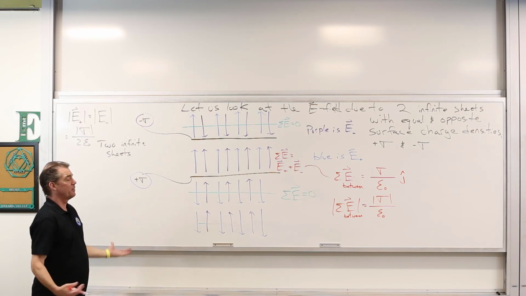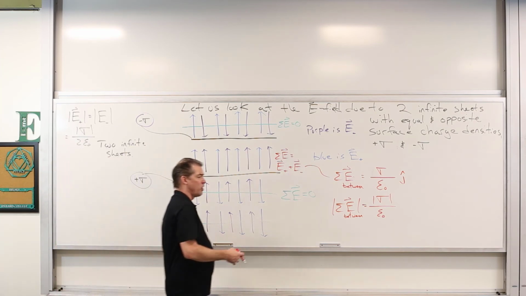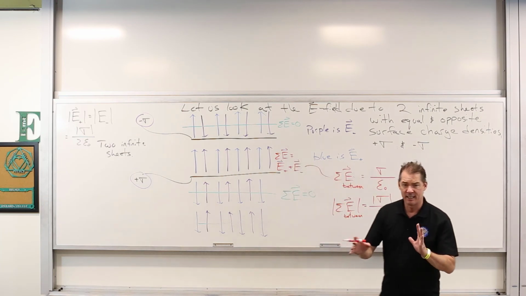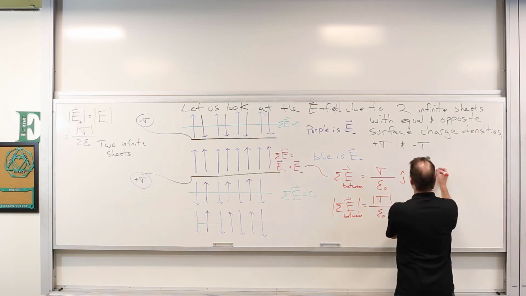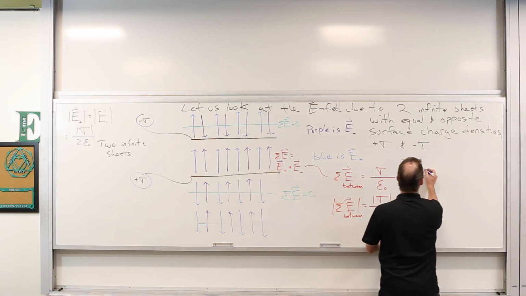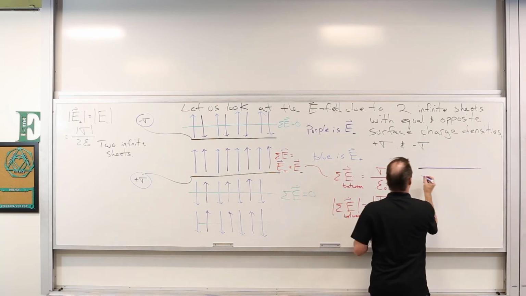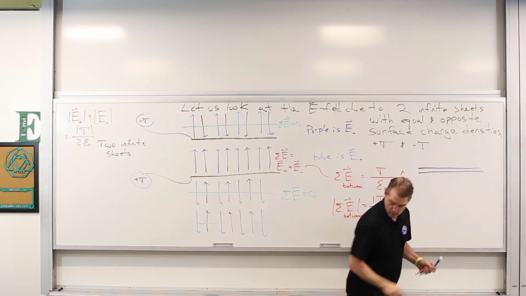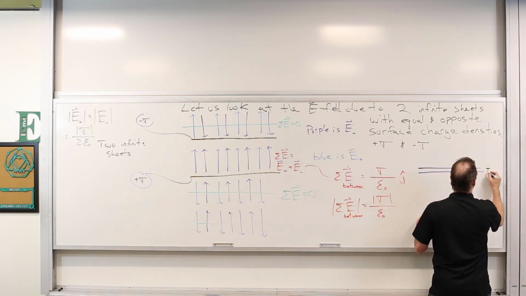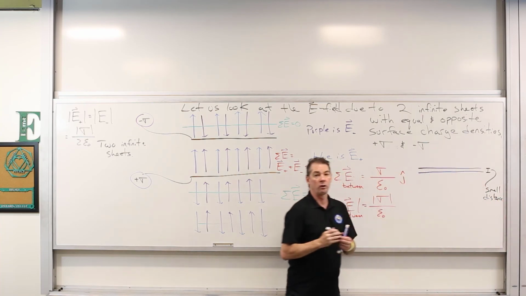So what can we do with this? Well, we can imagine that we take two plates that are charged with equal and opposite charge and have them be finite in their expanse, their area, but put them really close together. So if we take, say, two sheets that are fairly large, and have them separated by a small distance here, what does the electric field look like?